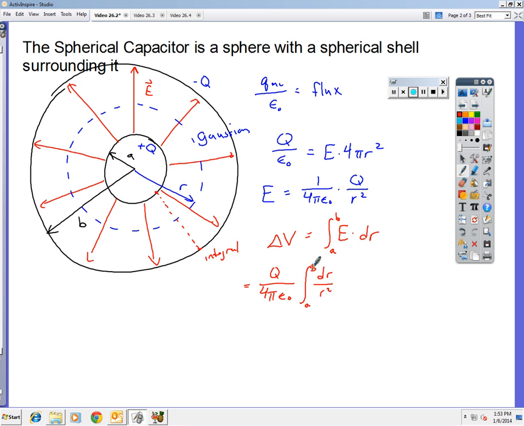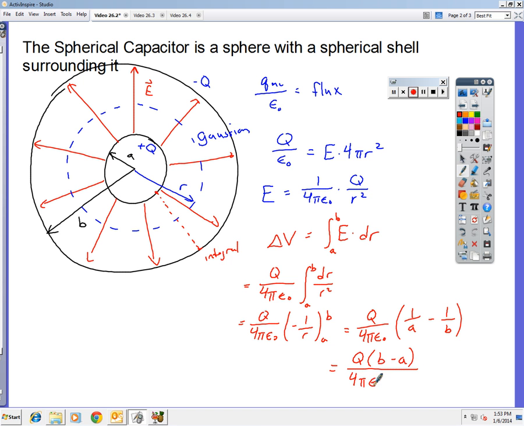That's a very easy integral to evaluate, and it's Q over 4 pi epsilon 0 times negative 1 over r evaluated at a and b, so that works out to be 1 over a minus 1 over b, which you can write as Q times (b minus a) over 4 pi epsilon naught ab.